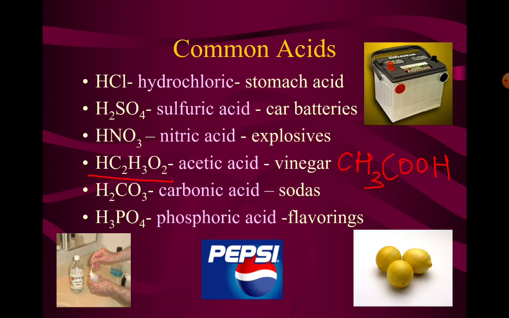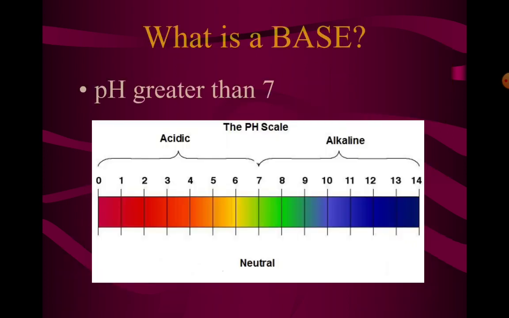H2CO3 is carbonic acid, and we find it in sodas like Pepsi and others. And the last one is H3PO4, called phosphoric acid, and it is used in flavorings. Basically the acids which we come across are weak acids, but some strong acids like H2SO4 and HNO3 are also present around us. Now this is all for today's class.